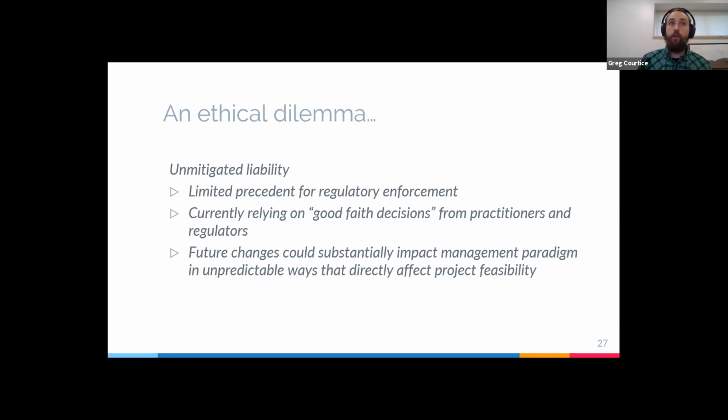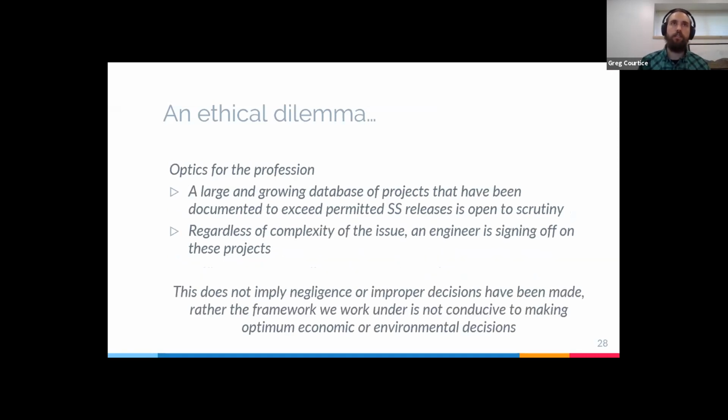But future changes could have profound impacts on how we do these projects in the future. And another important aspect of this is that there's potential for the optics of the profession to be impacted by this.